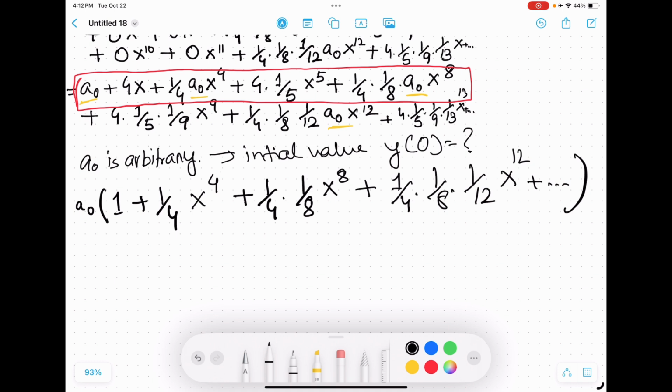And in the terms that don't have my a sub zeros, which is basically these ones right here, you can see they also have something in common, which is a 4. All of them have a 4 in the numerator, so I can take this 4 out.